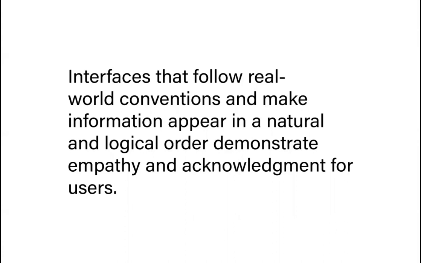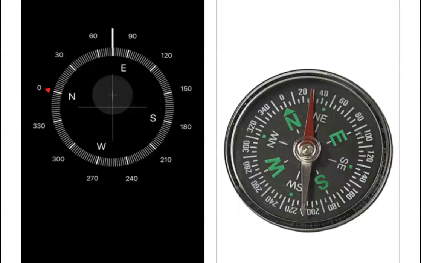For example, this interface resembles the real compass. So on the left, this interface with the black background is an app interface. And on the right, you see the real object of compass.